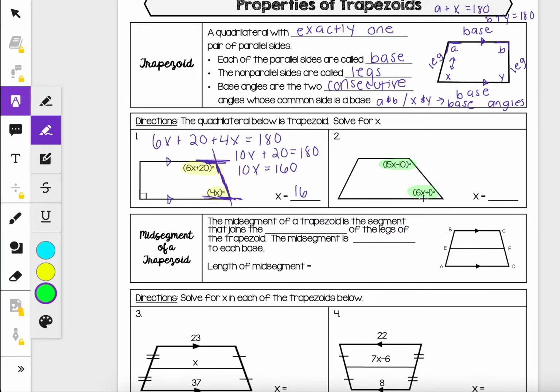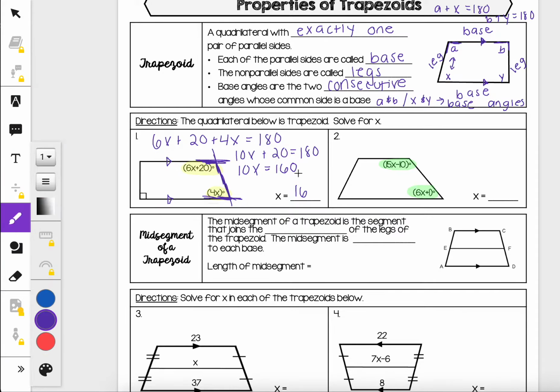They're consecutive angles, but they are not base angles. So I see I have my parallel lines and my transversal. So I can set 15x minus 10 plus 6x plus 1 equal to 180. And combine like terms. So I have 21x minus 9 equals 180. Divide 21 by both sides and x equals 9.